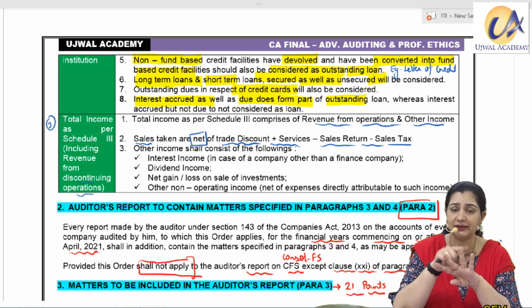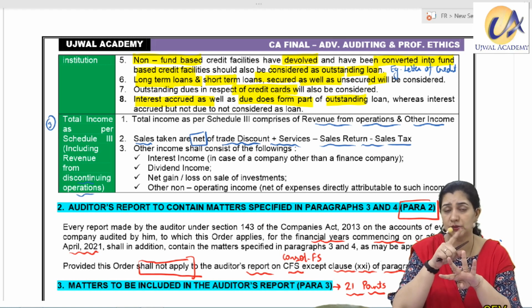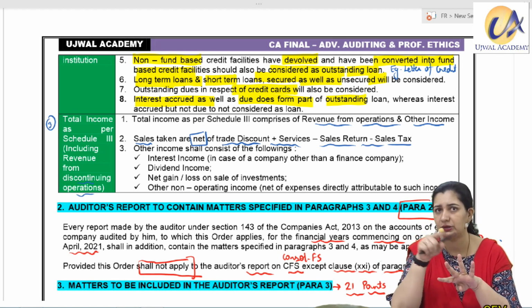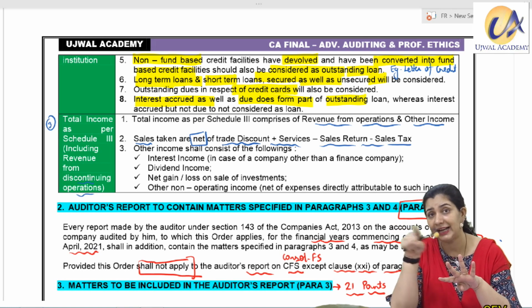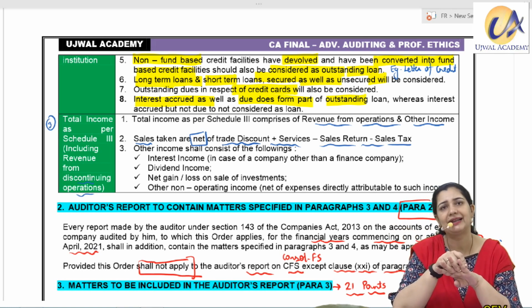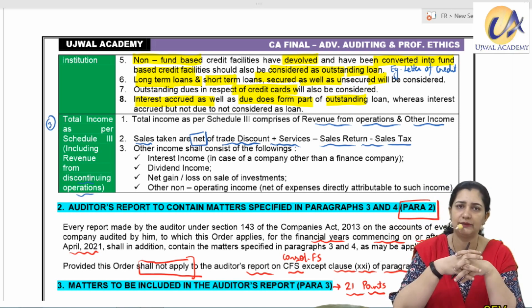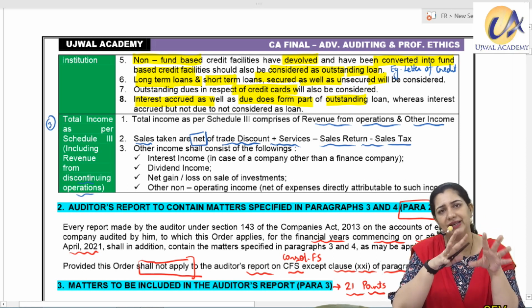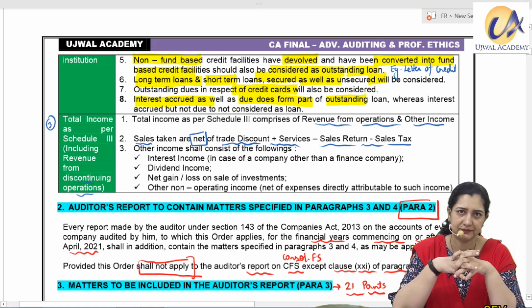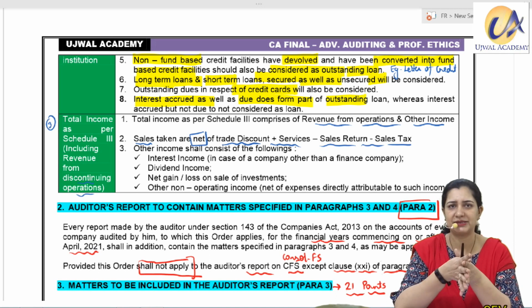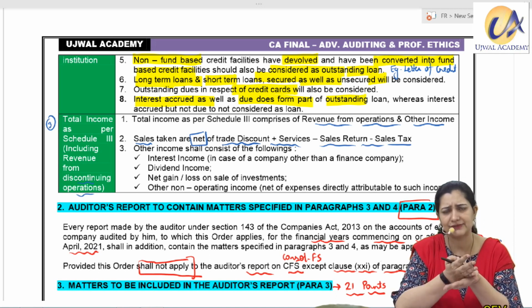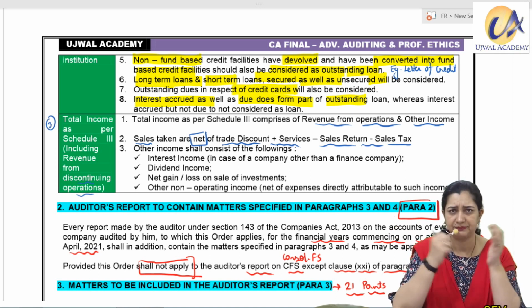What are the 1, 1, 10? Reserves and share capital less than or equal to 1 crore last year. Second, loans from banks and FIs less than or equal to 1 crore at any time during the last year. And third, total income, which includes other income and your net sales, 10 crore. All these things have to be satisfied. Even if one condition is not satisfied, CARO is applicable.